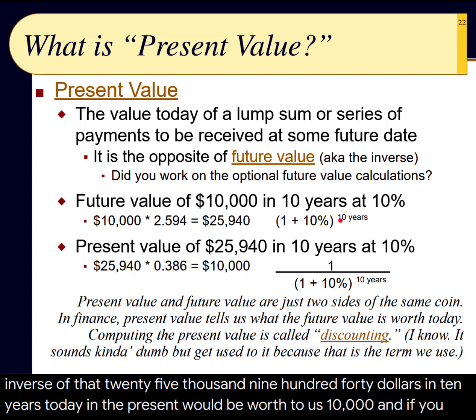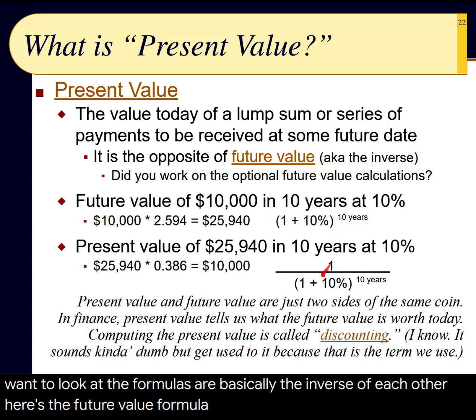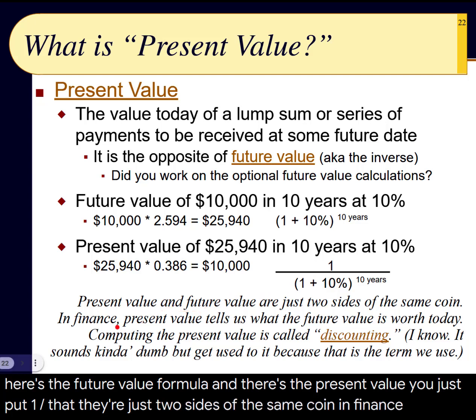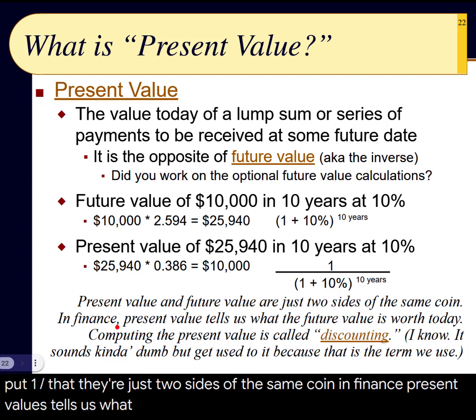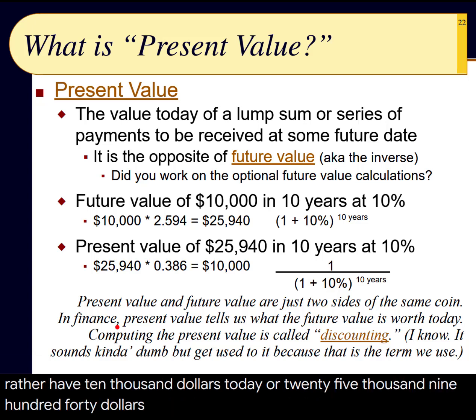And if you want to look at the formulas, they're basically the inverse of each other. Here's the future value formula, and there's the present value. You just put 1 divided by that. They're just 2 sides of the same coin. In finance, present value tells us what the future value is worth today. So, would you rather have $10,000 today or $25,940 in 10 years?